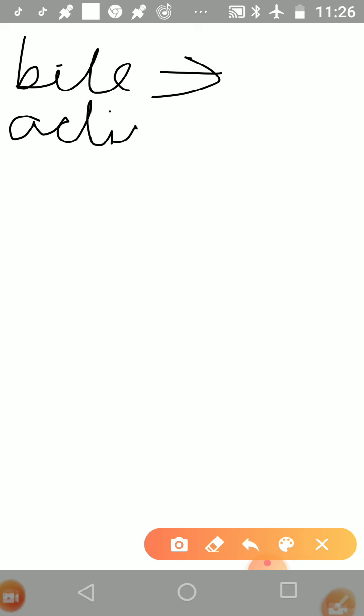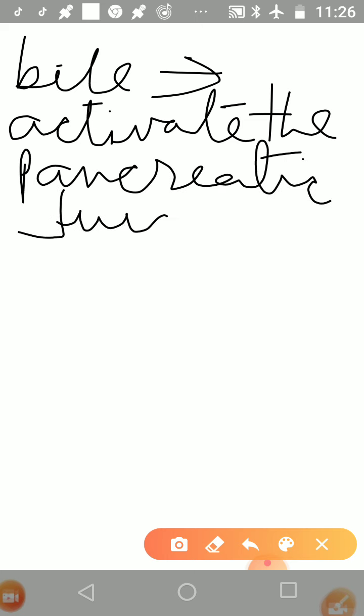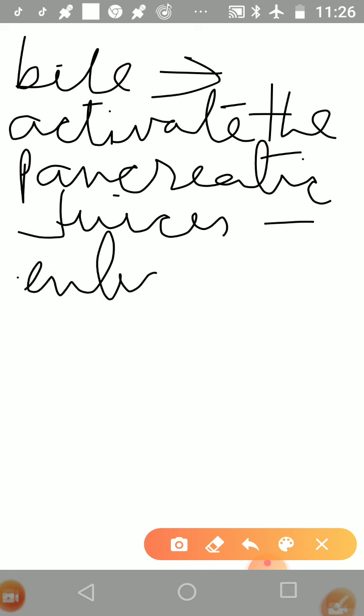Bile juice also helps in the activation of the pancreatic juices as well as the intestinal juices, which we will talk about later.